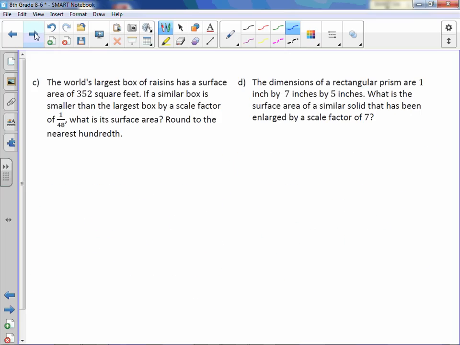The world's largest box of raisins has a surface area of 352 square feet. If a similar box is smaller than the largest box by a scale factor of 1/48, what is the surface area? Round to the nearest hundredth. So this is our scale factor here, 1/48, and this would be our old surface area.